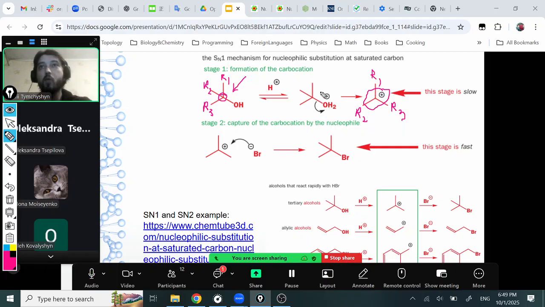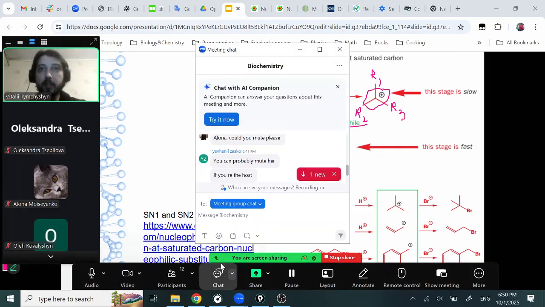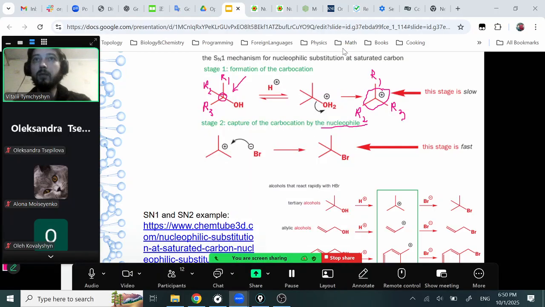In this case, when the group left, we have a planar structure. So now, when the nucleophile comes by, it may attack from below this plane or from above this plane, and you will get 2 different chemicals with different stereochemistry, depending on whether we have this attack from above or from below.